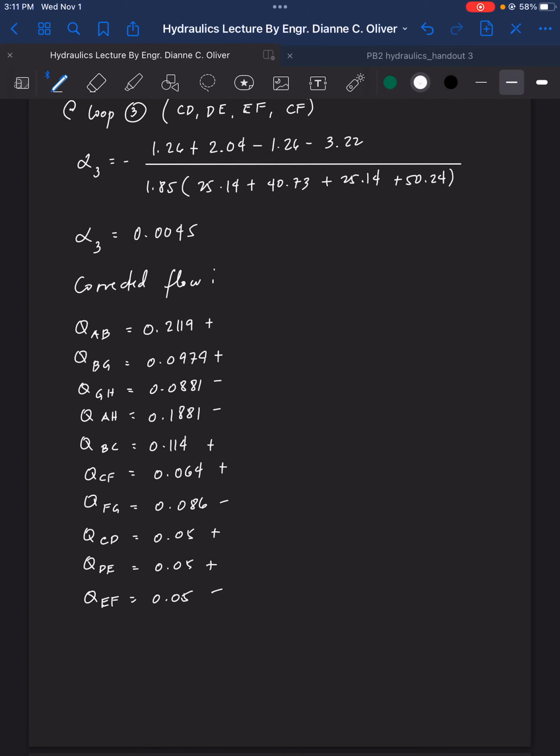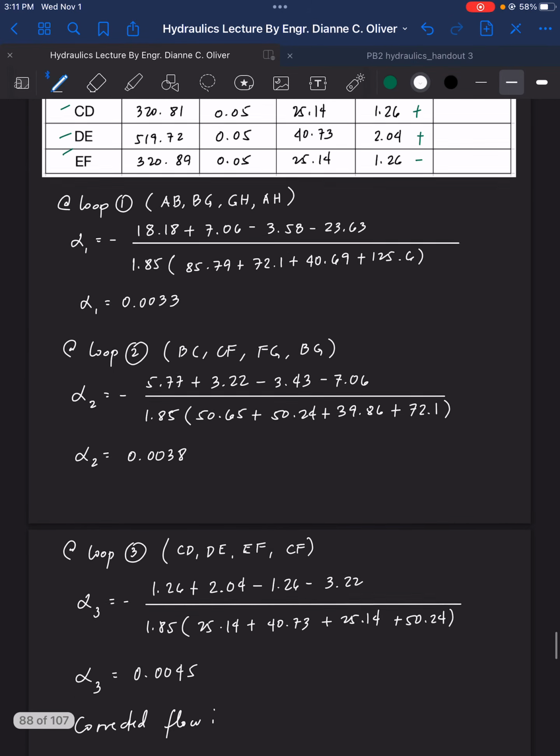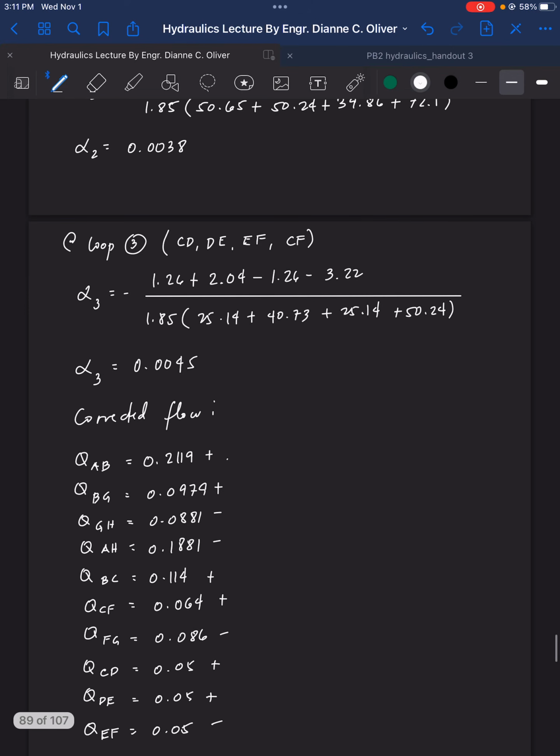So the correction for the first loop is 0.0033. So that is plus 0.0033, 0.0033, 0.0033, and 0.0033. Next, QBC.